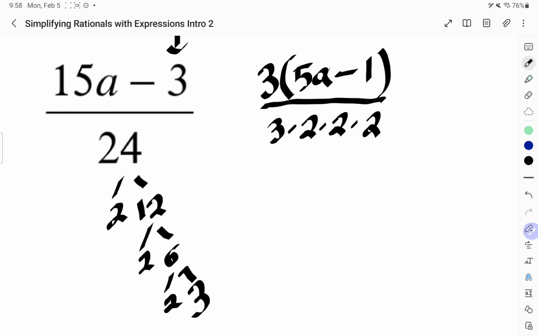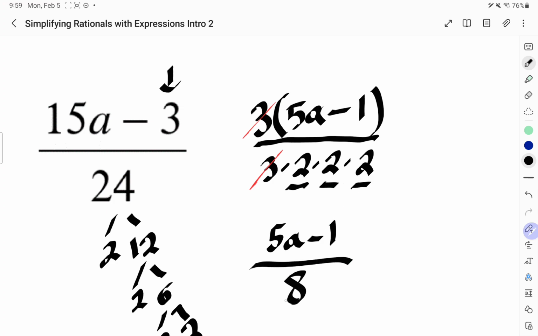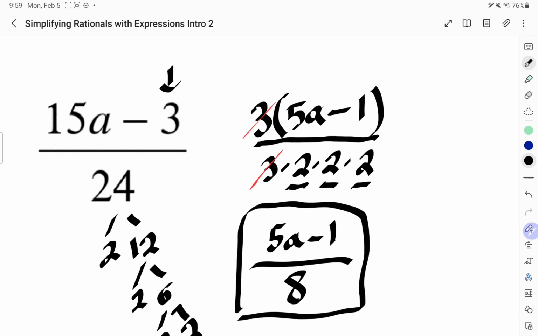Now I'm going to see what can I cancel out. The only thing that's going to be able to cancel out, it's pretty easy. It's just going to be my 3 right here and 3 right here. Everything else is going to stay the same, meaning that I'm going to have to multiply my 2's on the bottom. So now we have 5a minus 1 over 2, 4, 8. And this is my answer.